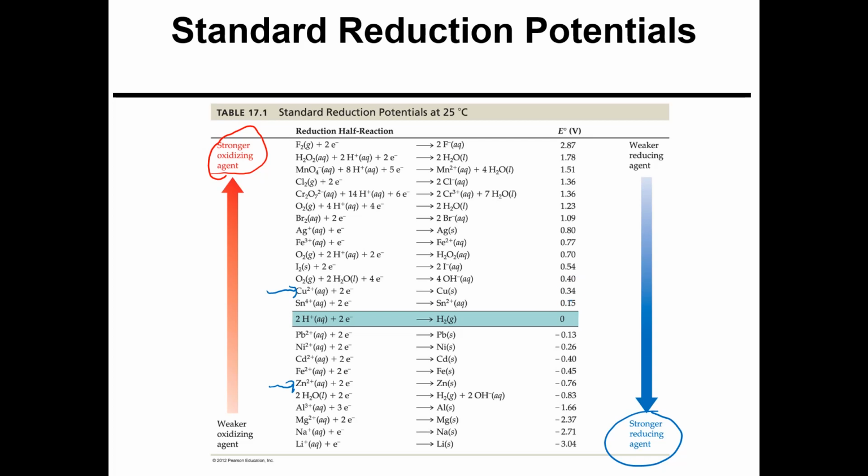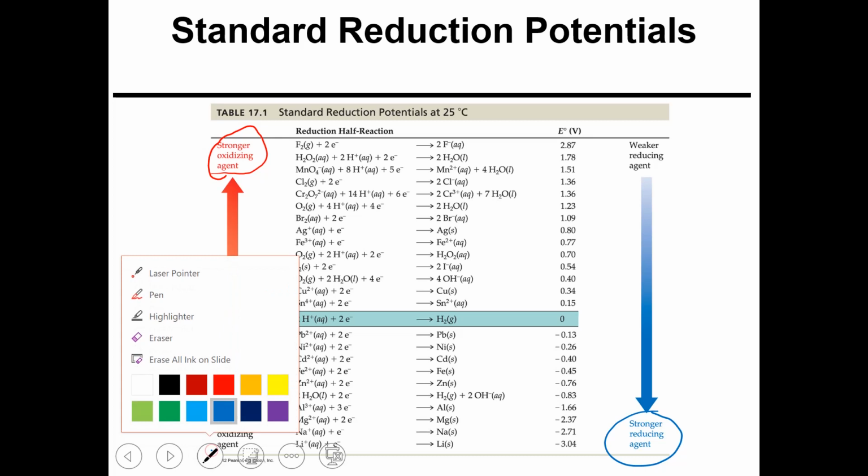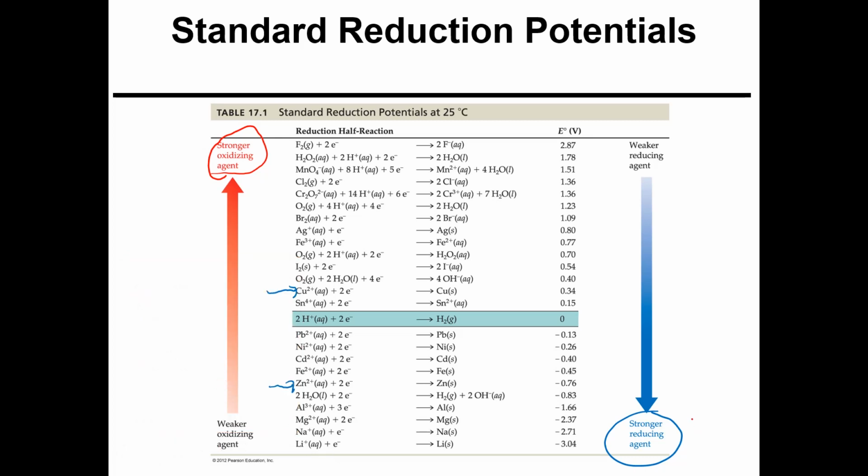Now keep in mind, if you think back to redox reactions, this is the stronger reducing agent. That means that it is the one that is getting oxidized. So the stronger reducing agent is the one that gets oxidized. The stronger oxidizing agent is the one that gets reduced.